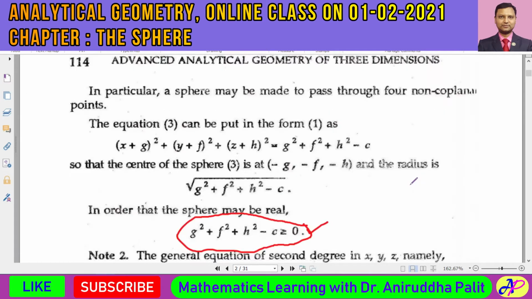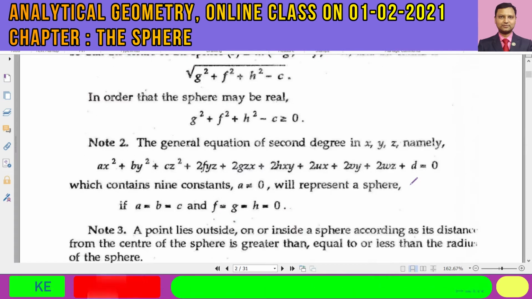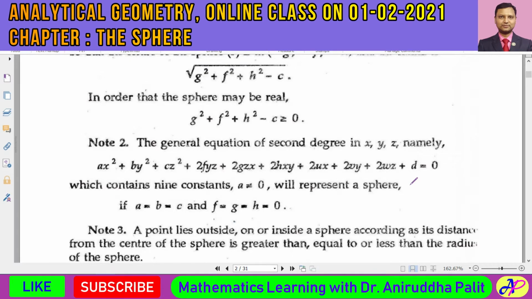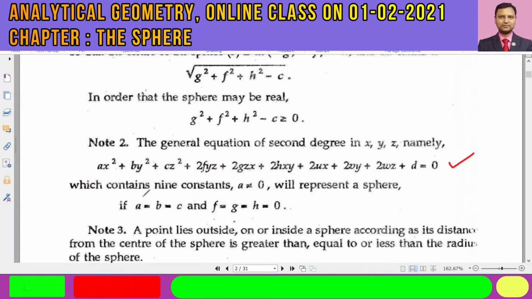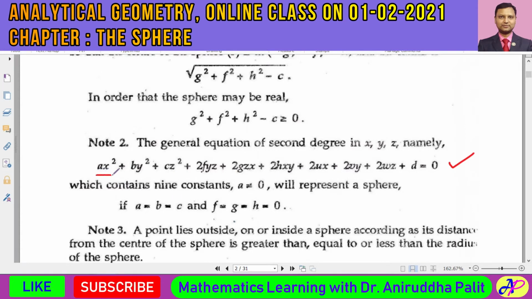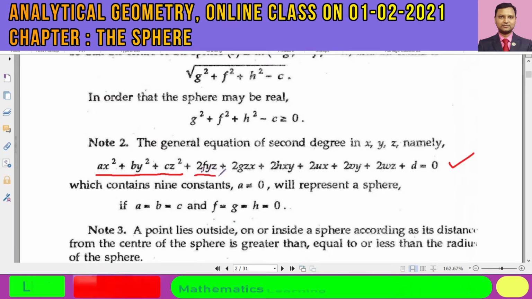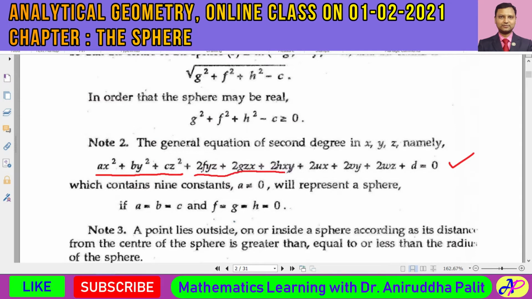Okay. So this is the equation of the sphere, and if you consider the general equation of second degree, you see this is a general equation of second degree involving three variables. Over here the x square, y square, and z square related terms are three different terms, and in the next three terms we have yz, then zx, and then xy.